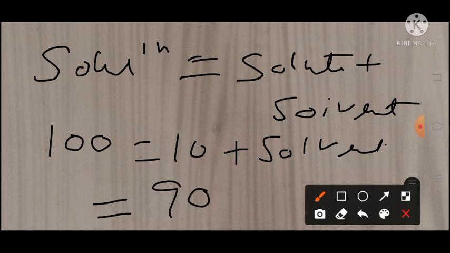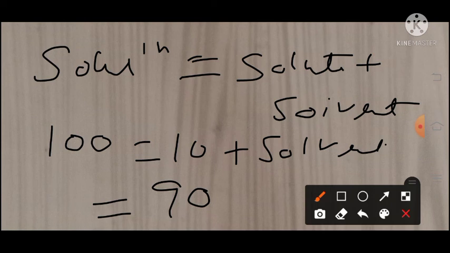So 10% aqueous solution of sodium chloride means the amount of solute, sodium chloride, equals 10 gram, the amount of solvent, water, equals 90 gram, and the amount of solution equals 100 gram. It is the meaning of 10% weight by weight aqueous solution of sodium chloride.